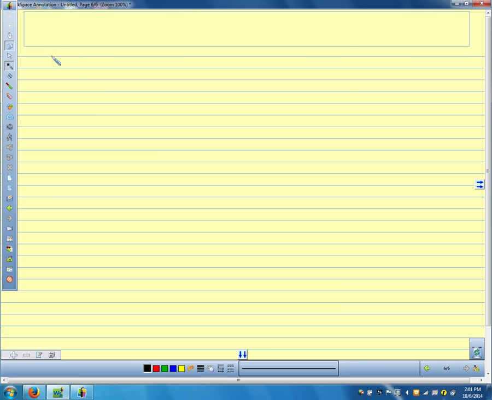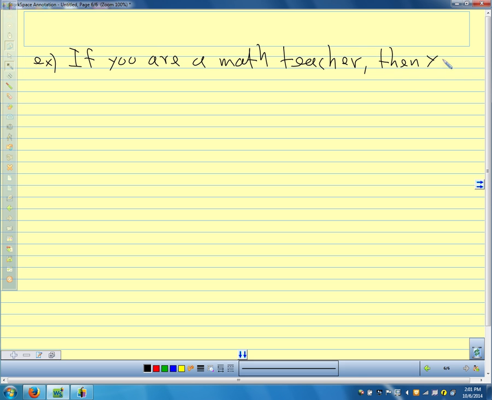So we'll use this example a lot during this school year because it's easy to think about things in terms of this. So I'm going to say, if you are a math teacher, then you know algebra.